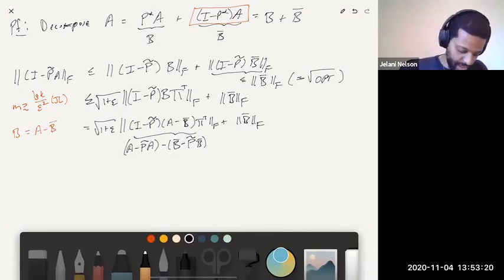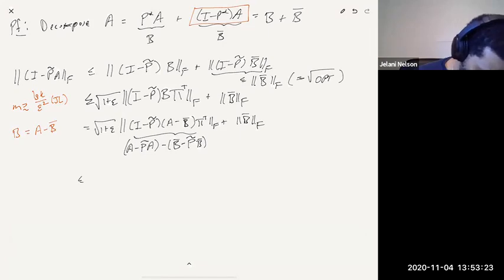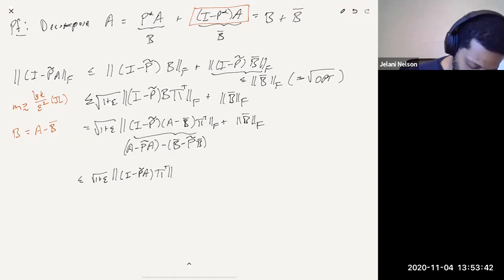So now I can do triangle inequality again. And this is at most root 1 plus epsilon, identity minus P tilde A, pi transpose, of course, Frobenius norm, plus root 1 plus epsilon, identity minus P tilde B bar, pi transpose, Frobenius norm, plus B bar Frobenius norm.